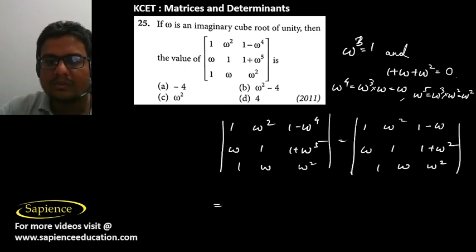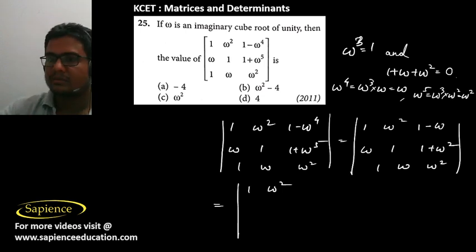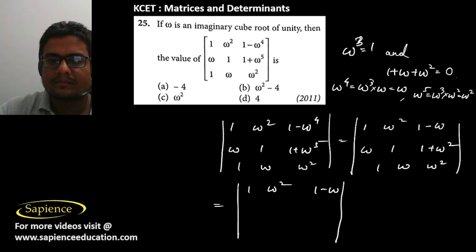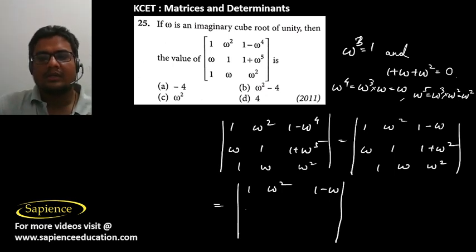So the determinant is 1, omega square, 1 minus omega, then omega, 1, and 1 plus omega square can be written as minus omega, then 1, omega, omega square.